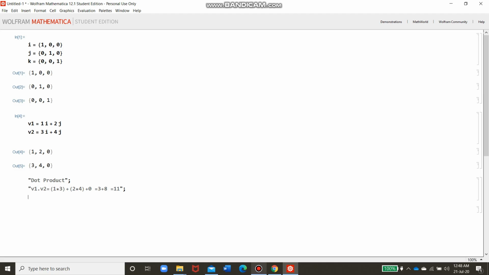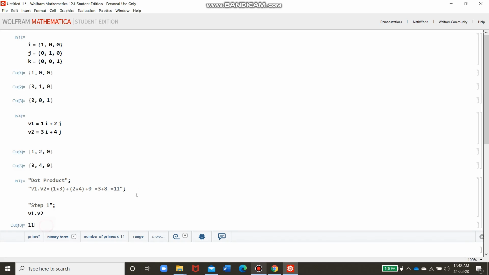Now we're going to cross-check if our answer is correct or wrong. There are two ways in which you can do the dot product in Mathematica. Step 1 is v1 dot v2, and as simple as that, Shift Enter, you get your answer 11. See, it's similar to what we calculated.